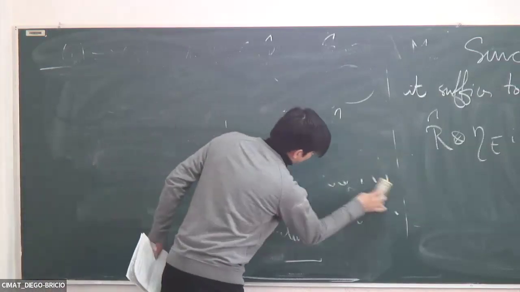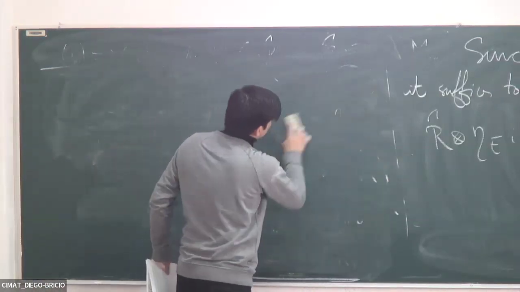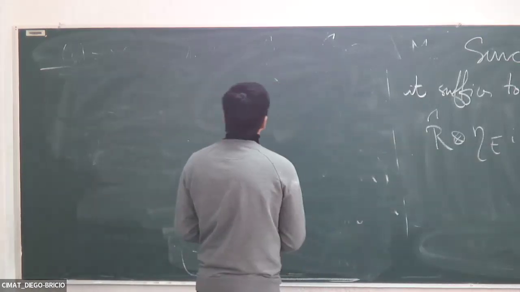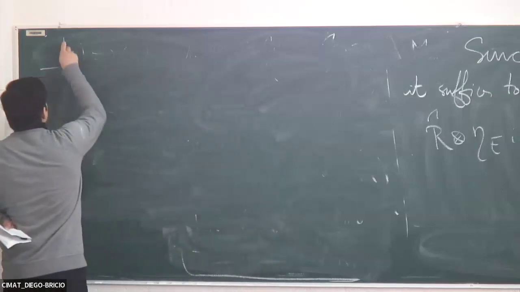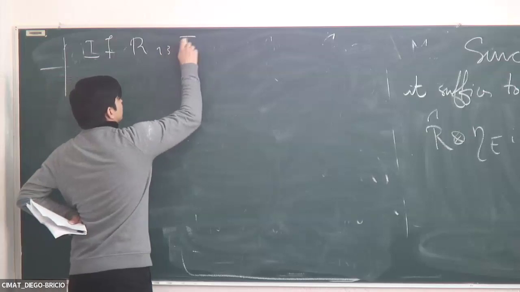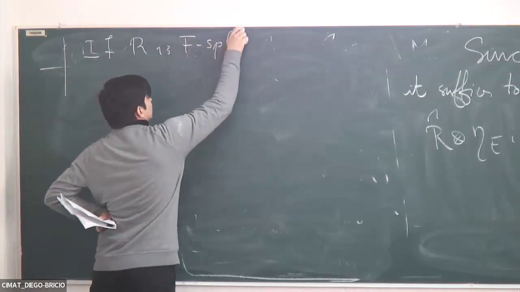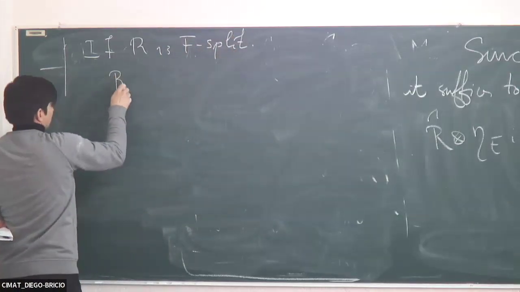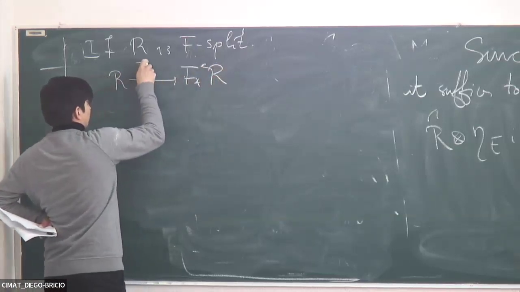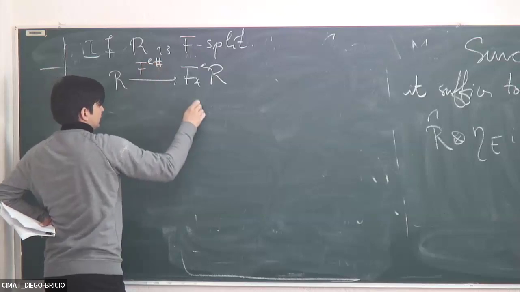Well, before going on, I should remark the important concept here, right? So if R is F-split, then what does that mean? That you have Frobenius here. So we were calling this something like this.